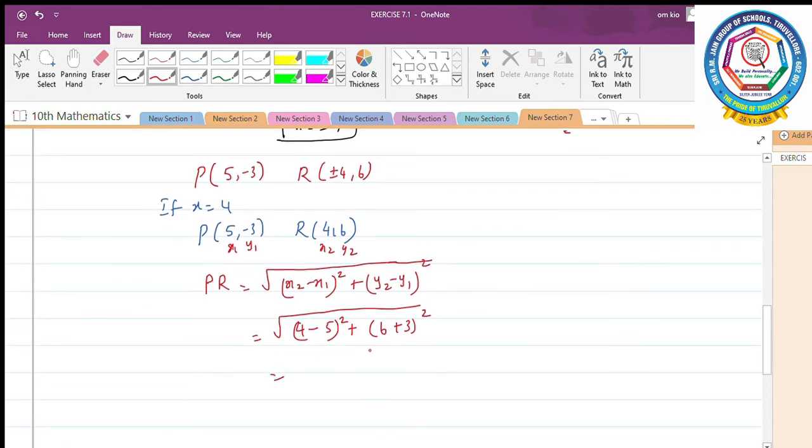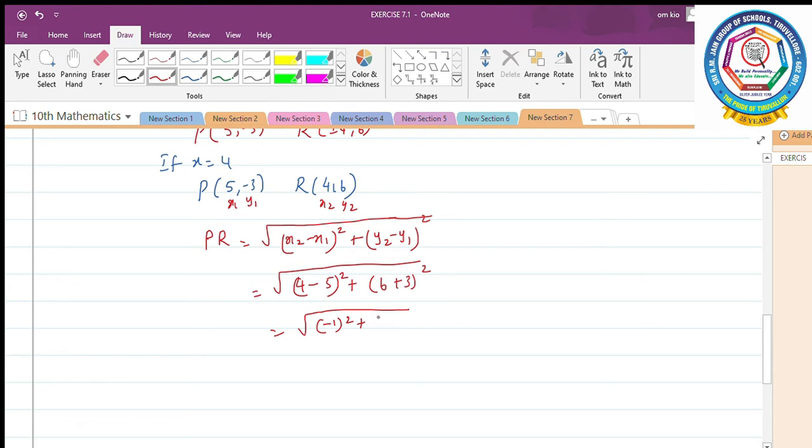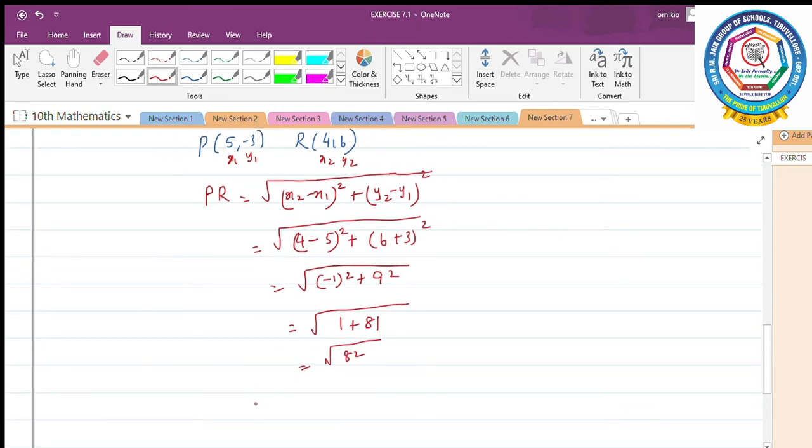Next step, square root of (4 minus 5), that is minus 1 the whole square, plus 6 plus 3 is 9, 9 square. Then minus 1 the whole square is 1, plus 9 square is 81. So 1 plus 81 is 82. Here square root of 82. Therefore the distance between PR is square root of 82 units.